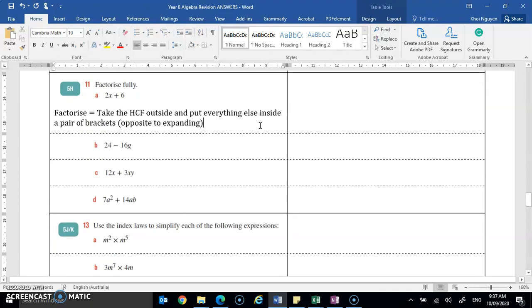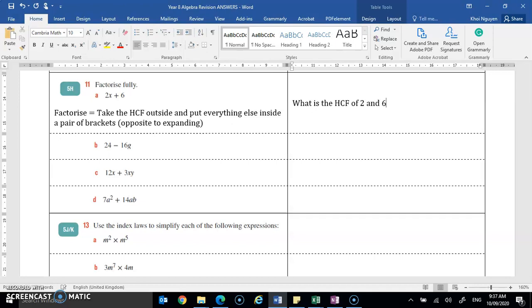So how do we do that? First, we need to know what is the highest common factor. What number can go into, well, in our question here, we have the 2 and the 6. So what is the highest common factor of 2 and 6?